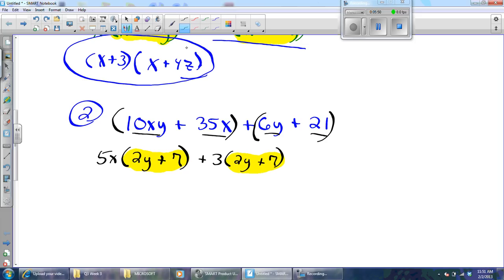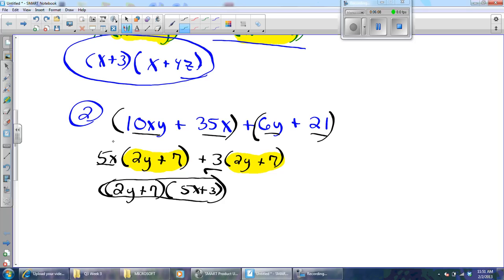Because this is really easy stuff, sweetie. All we're going to do is pull out a 2y plus 7, leaving behind a 5x plus 3. And there we go. All done. I GCF'd once, I GCF'd twice, and I GCF'd a third time.